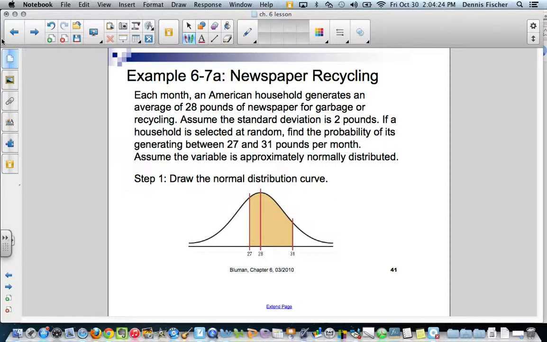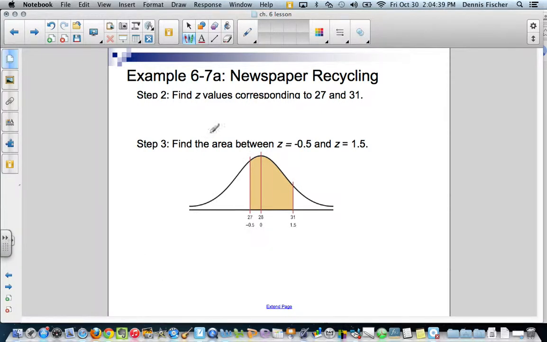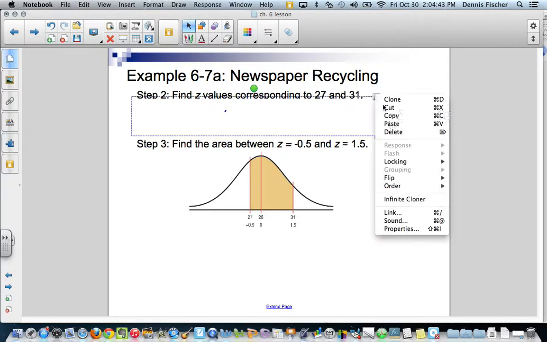I'll do this one for you. You're going to take 31 minus 28, divided by 2. It's your value minus your mean, divided by your standard deviation.